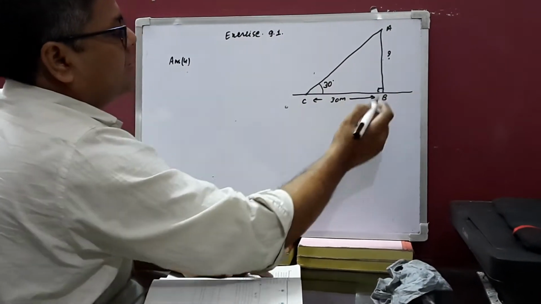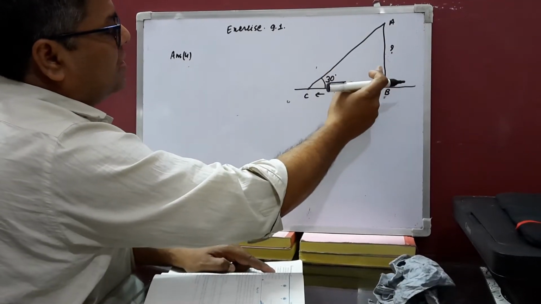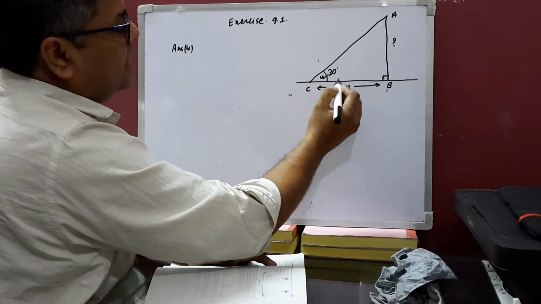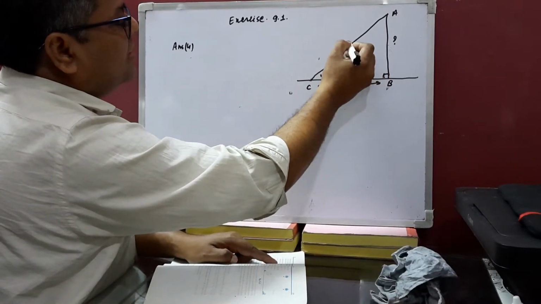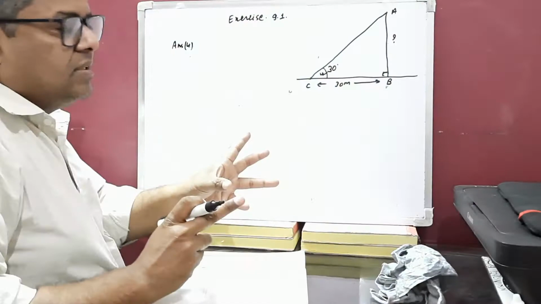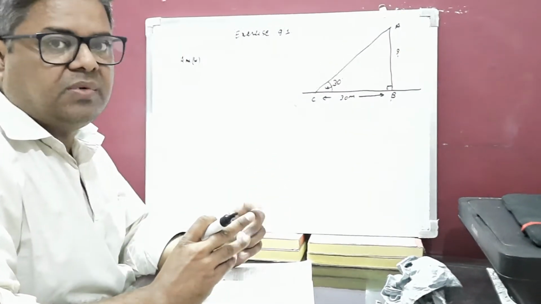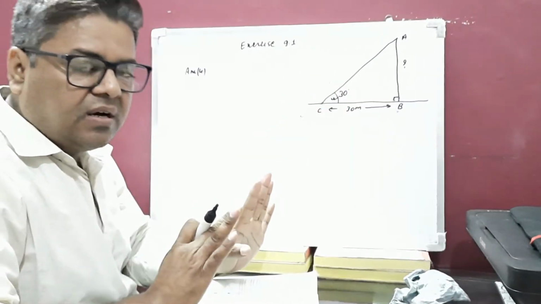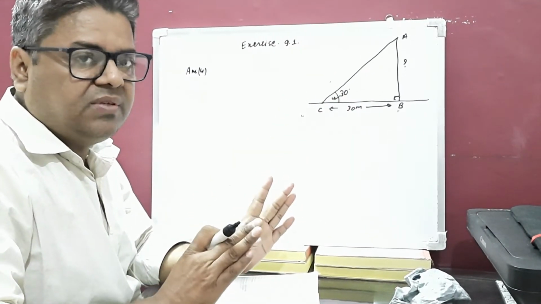This is asked. So in this question, for this angle, this is the base, this is perpendicular and this is hypotenuse. The information and concept about the base, perpendicular and hypotenuse are completely mentioned in my previous video.